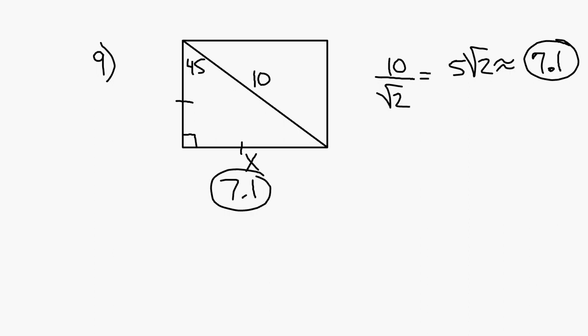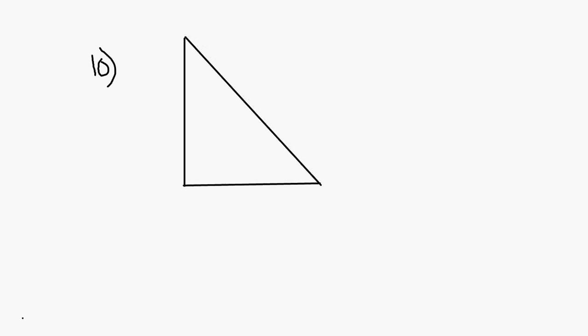Number 10. The length of the hypotenuse of a 30, 60, 90 is 9. Find the perimeter. So here's your triangle. It's a 30, 60, 90. The hypotenuse is 9.